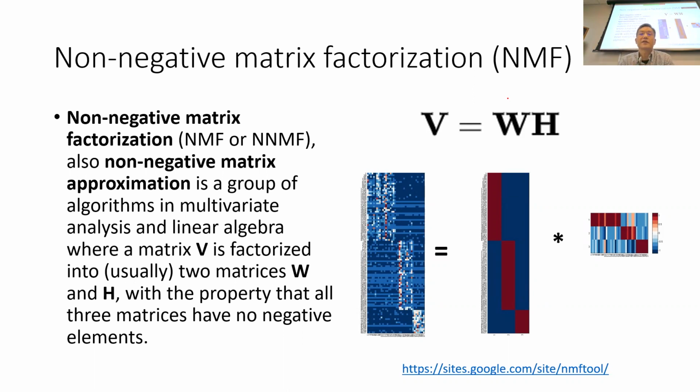You can see in this example, this V input matrix was decomposed into W and H, highlighted here, and the values are indicated by color, where red indicates higher values and blue lower values.